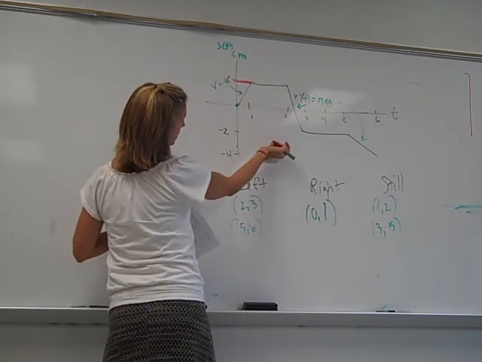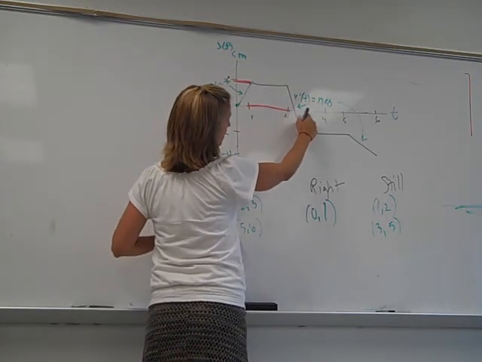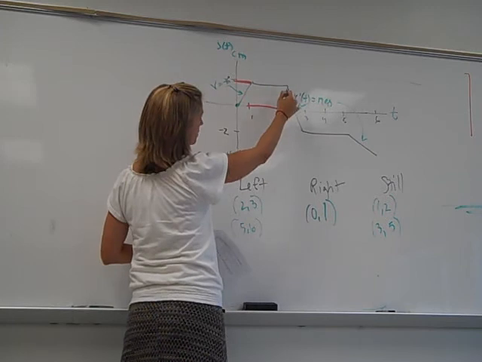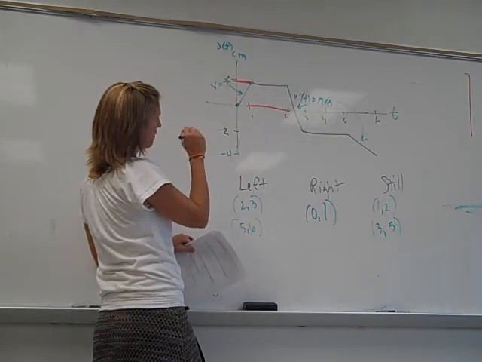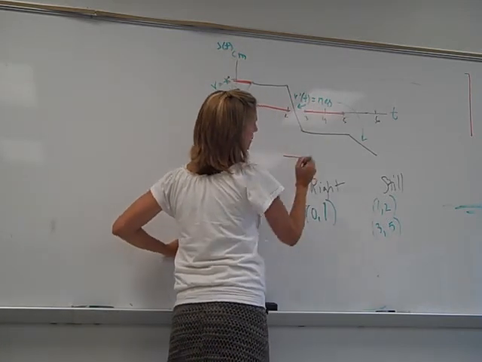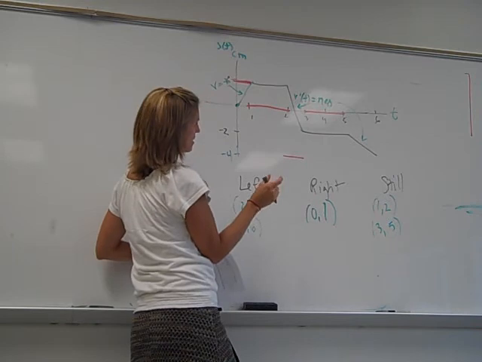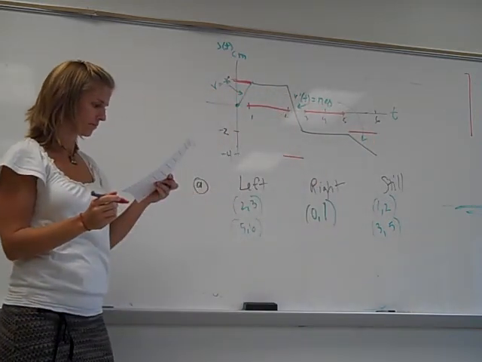From 1 to 2, where would it be? 0, because the slope is 0. 2 to 3, it has this negative slope. It looks like it's -4. Is that right? Yeah. So it's down here. From 3 to 5, it's 0 again. And then 5 to 6, I think it's only -2.